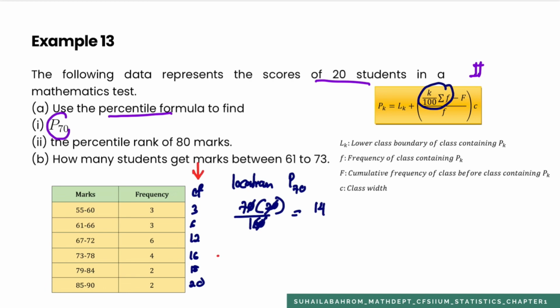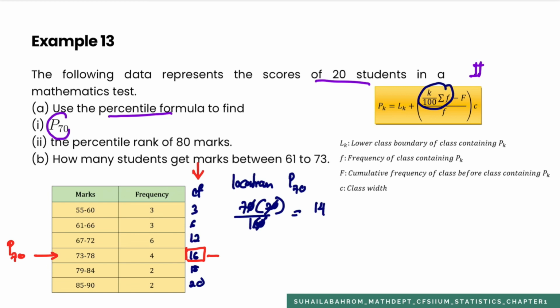It is located under the cumulative frequency of 16, because that refers to the frequency from 13 until 16. So 14 is located here. We can mark this as the percentile 70 class, which is 73 until 78.